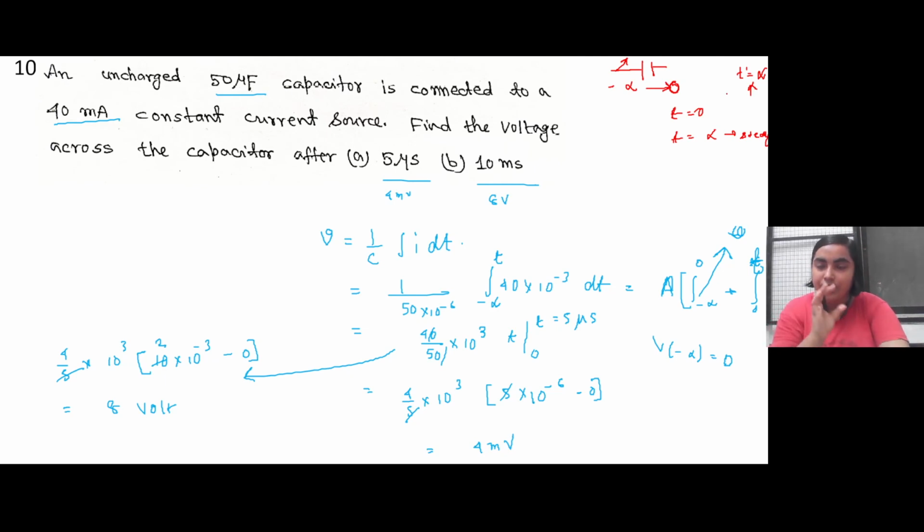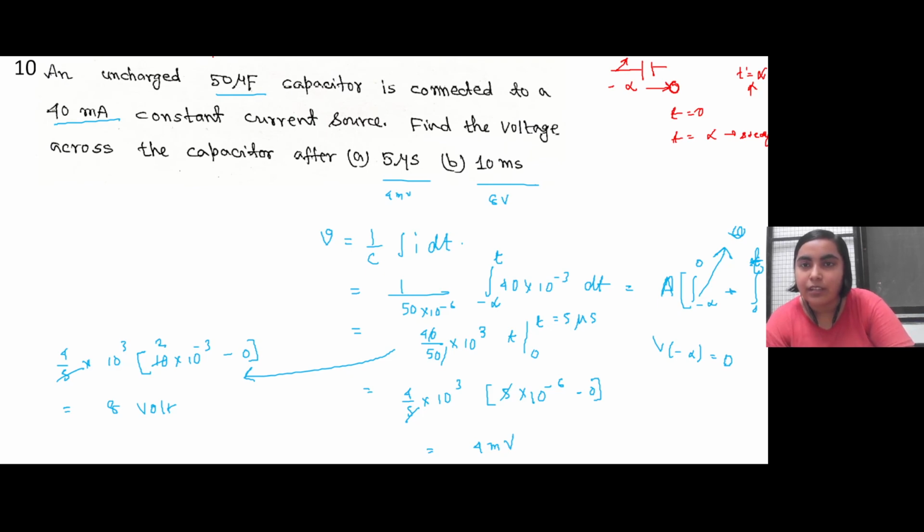You just have to read the question carefully because of what it is suggesting. In this particular case it is written as an uncharged capacitor, so from the instant the switch is closed the charging starts, and there was no initial voltage.